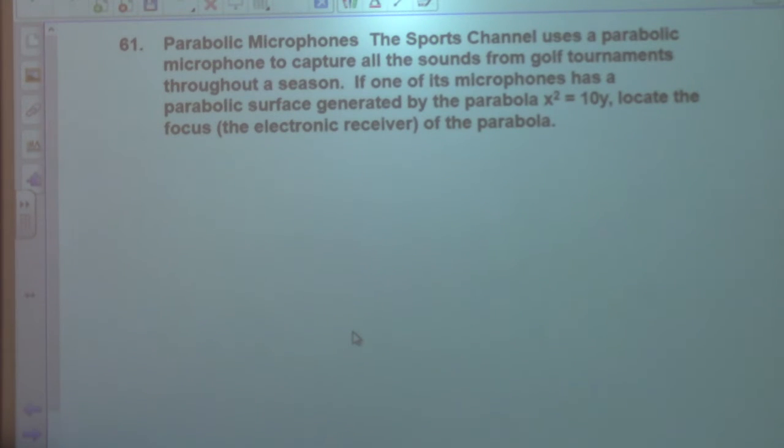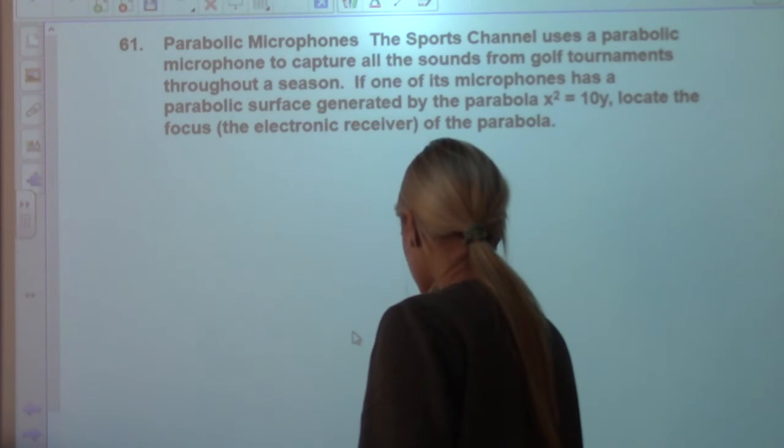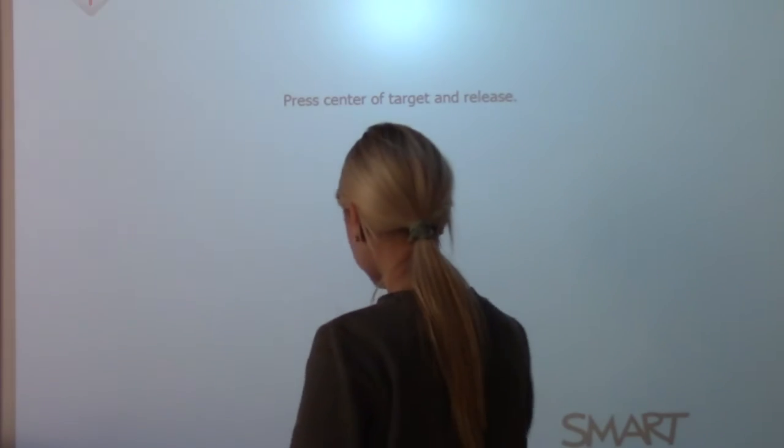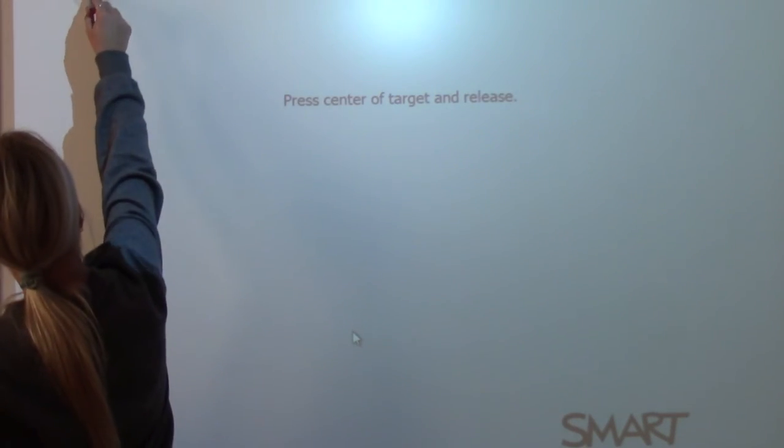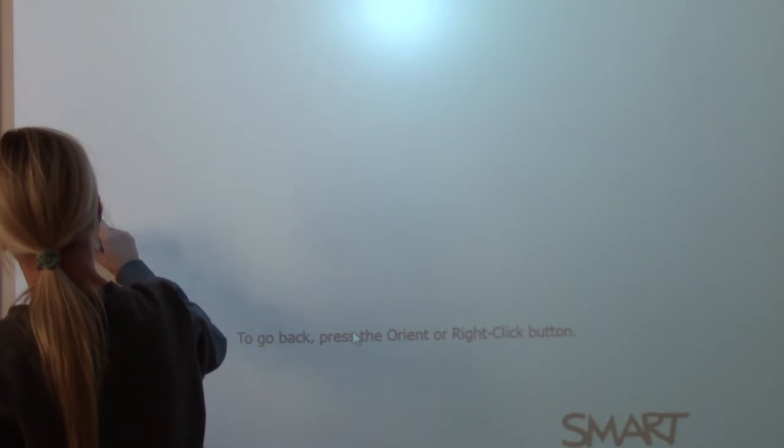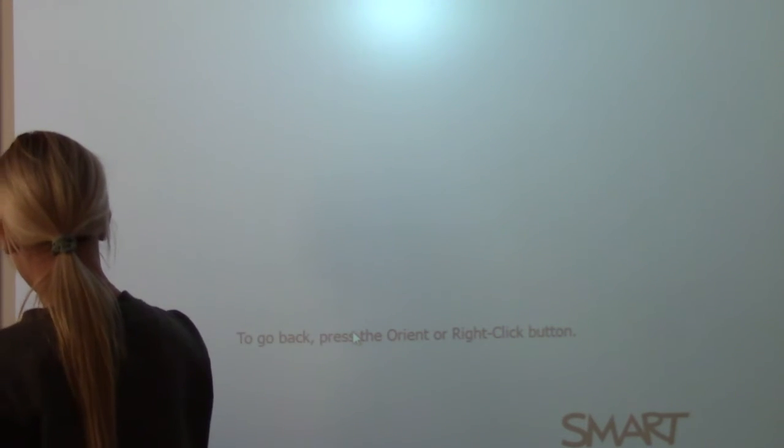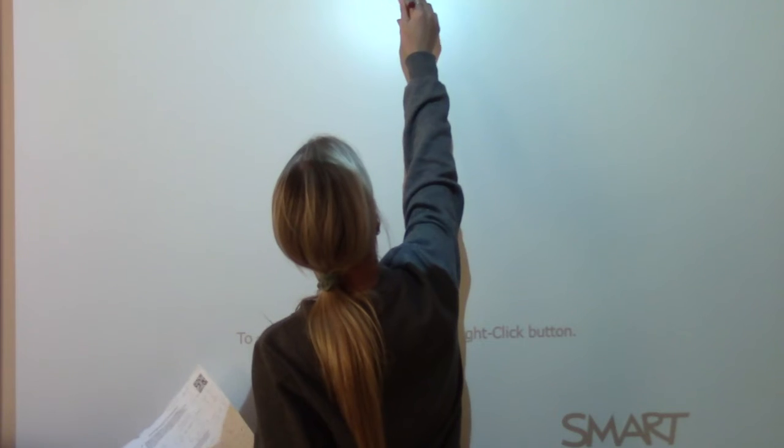Let me adjust the board one more time. Yeah, go ahead and do it. Which one is it? Pick both of them. There you go. You have to go right in the middle, right? Yeah, as close as possible.